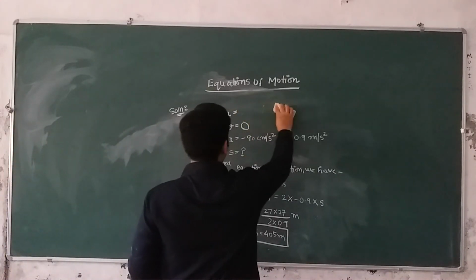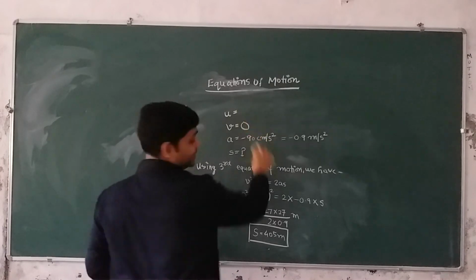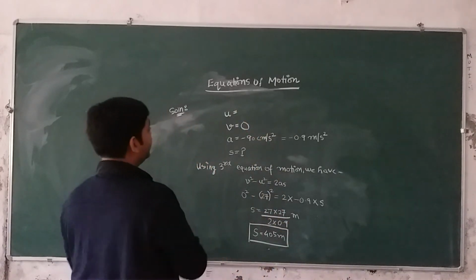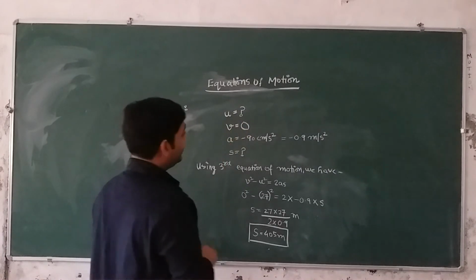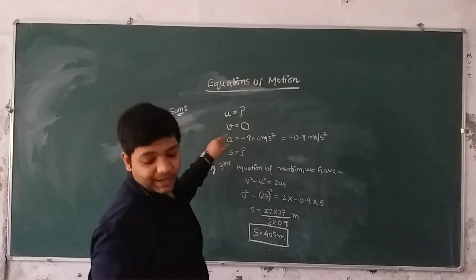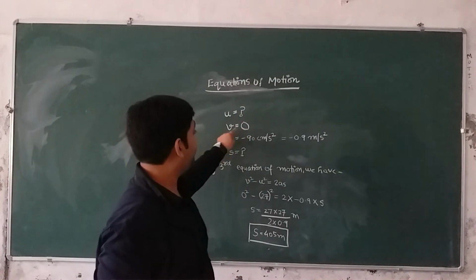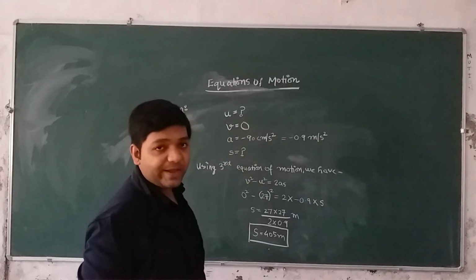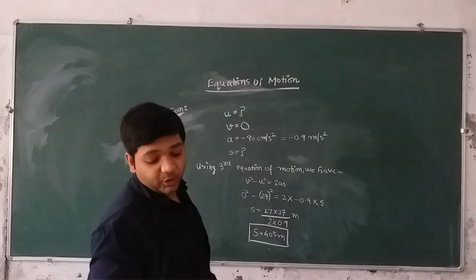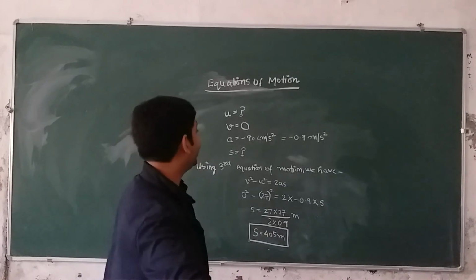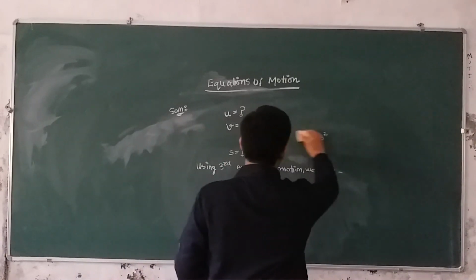We have to find the value of u, initial velocity. So this is the question mark. And because the car is finally stopped, v is 0. The final velocity of the car becomes 0. And what time does it take to become 0? Time is given as 10 seconds.